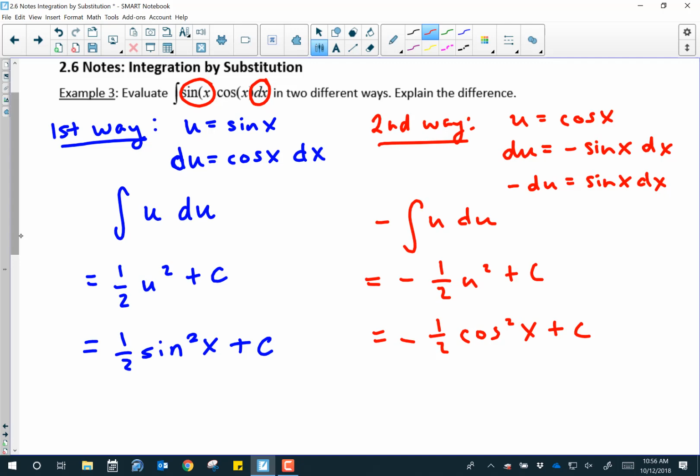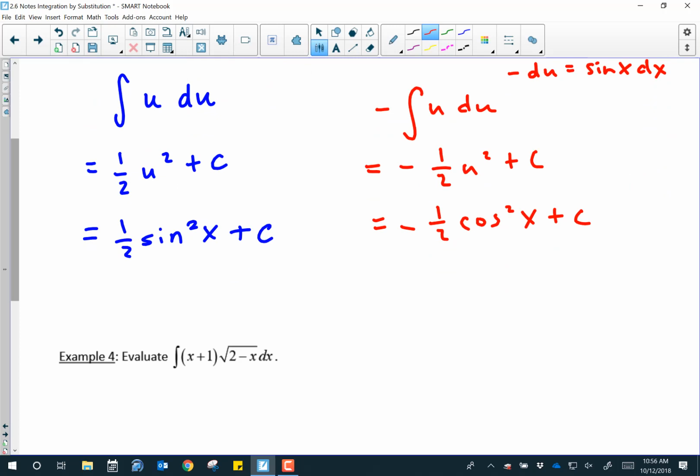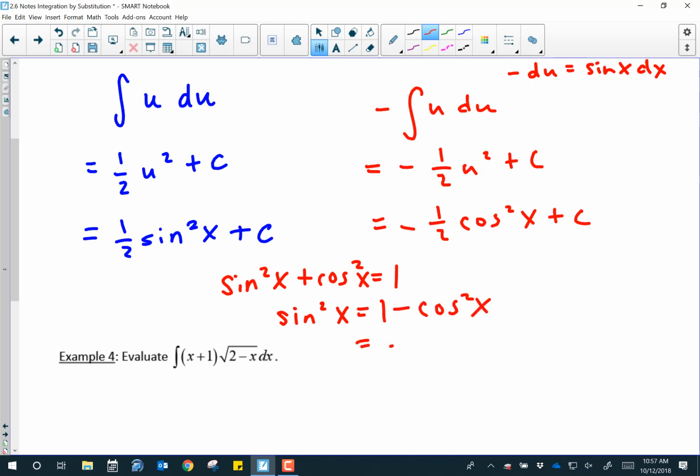Remember Big Daddy? Sine squared plus cosine squared equals 1. So sine squared equals 1 minus cosine squared x, or we could rewrite that as negative cosine squared x plus 1.